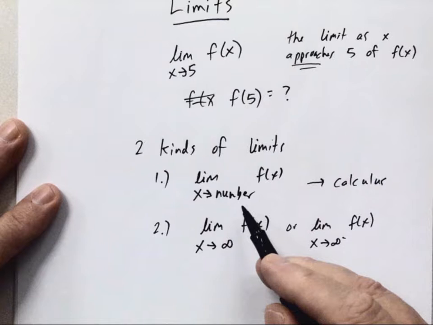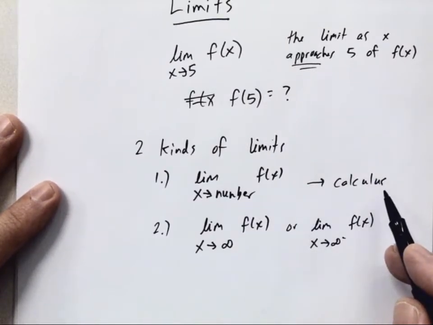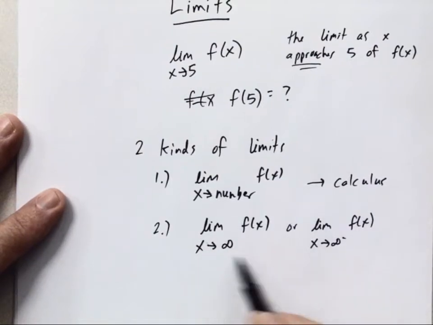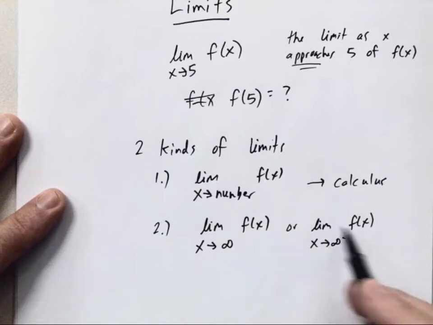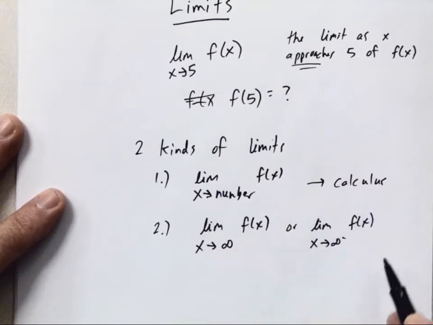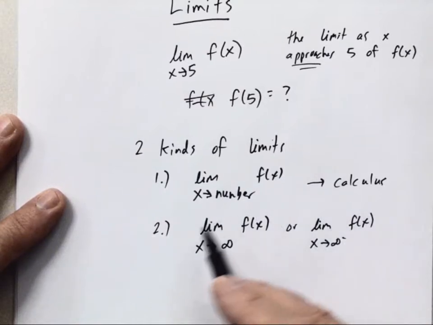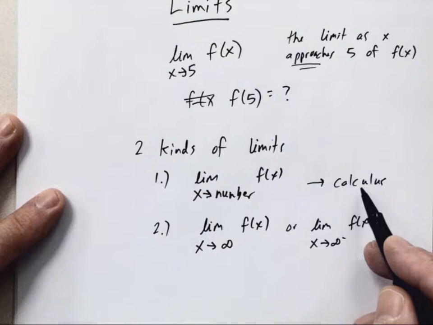And actually, the limit as x approaches a number becomes important as we begin to look at how calculus works. The limit as x approaches infinity is important in math, but we don't need to go through this in order to start working through calculus.